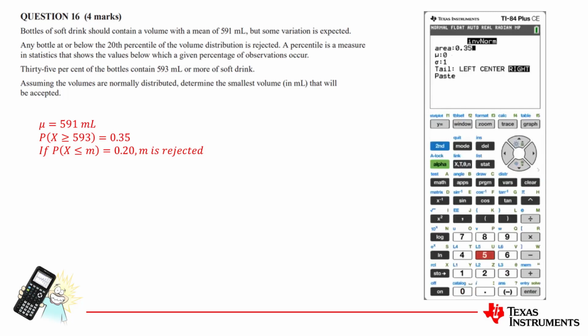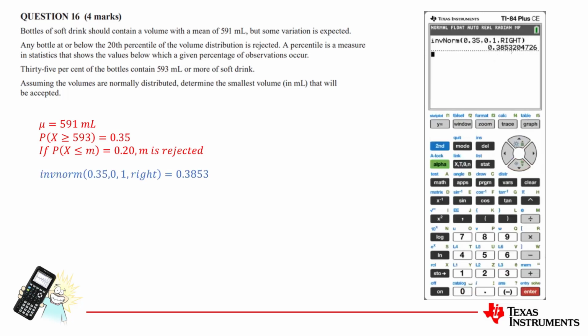We're looking at the right-hand area in this case, because it's where x is greater than that value. I'm going to paste that in, and we can see that we get 0.3853. So that's telling me that that 593 is 0.3853 standard deviations away from my mean value.